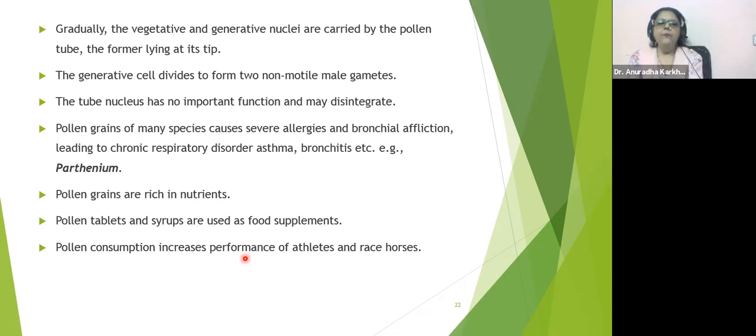Pollen grains of many species cause several allergies and bronchial afflictions, leading to chronic respiratory disorders like asthma, bronchitis, etc. So sometimes these pollen grains are allergic. Some people get allergy when they come in contact with pollen grains, like Parthenium grass. Parthenium is a grass which is allergic.